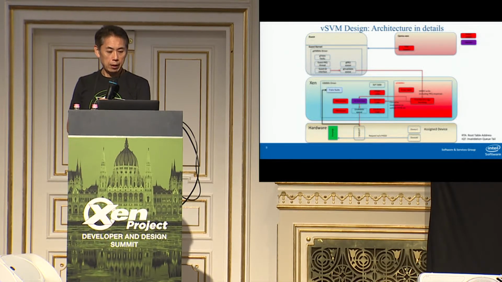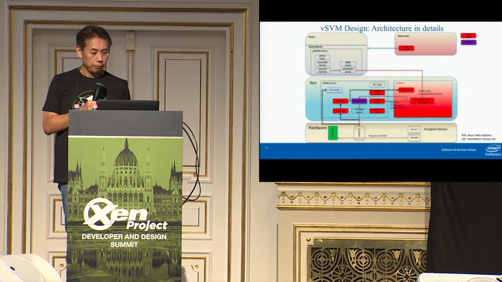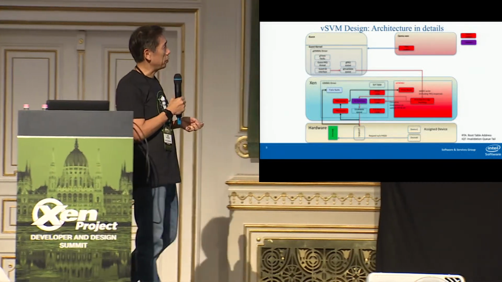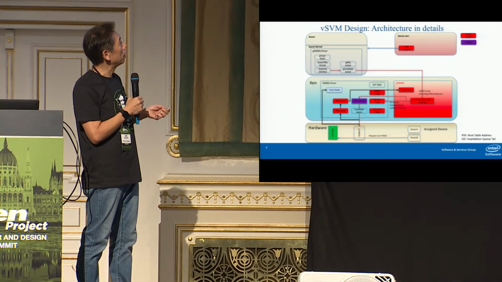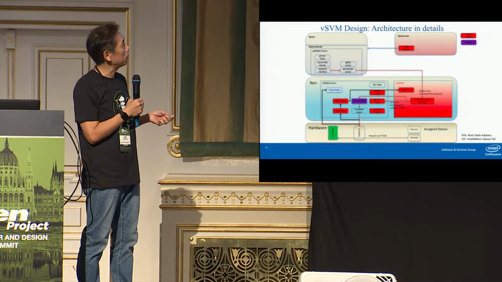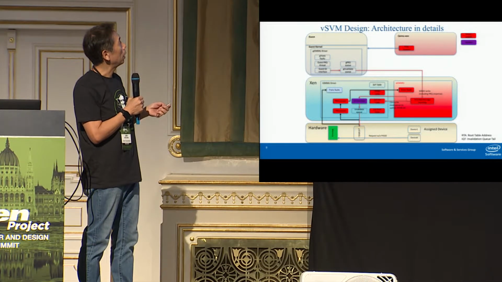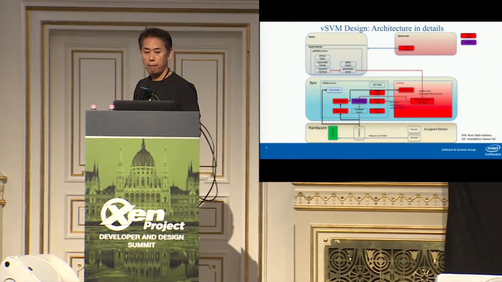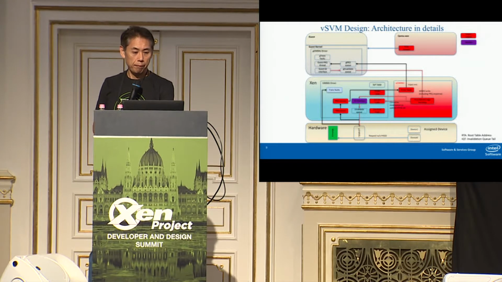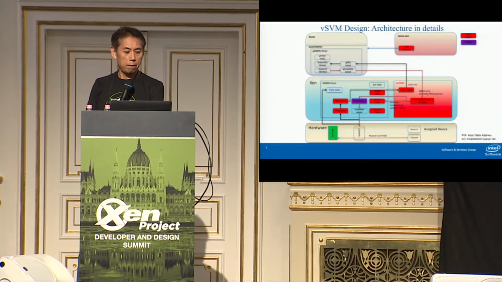And the other thing is the page request. Whenever we get the page fault, then they get the page request and they go back to this one, then we need to inject the page request to the guest, okay? Other thing is the port.